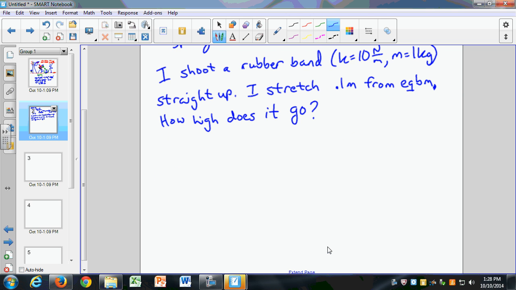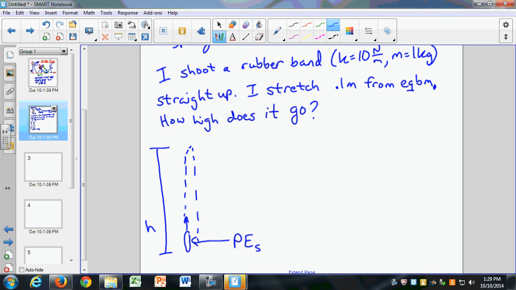So what I have here is a rubber band. I stretch it. It's going to go up. It'll come back down. All right, I want to know what this height is. Okay, I know that down here it has a certain amount of elastic potential energy, and up here it has a certain amount of gravitational potential energy.